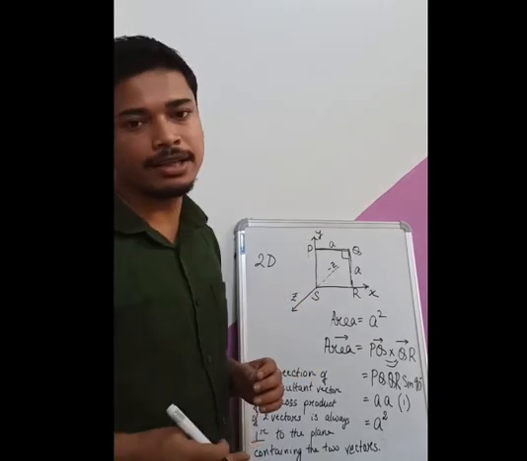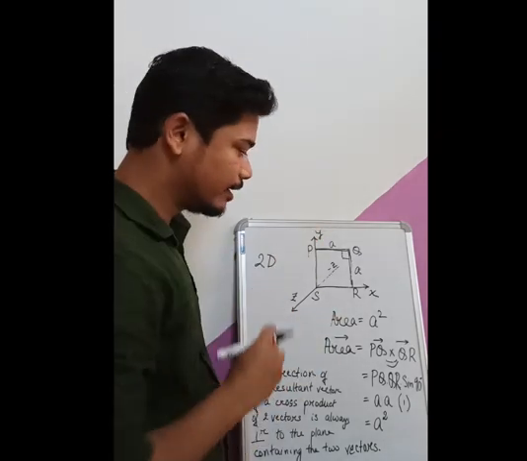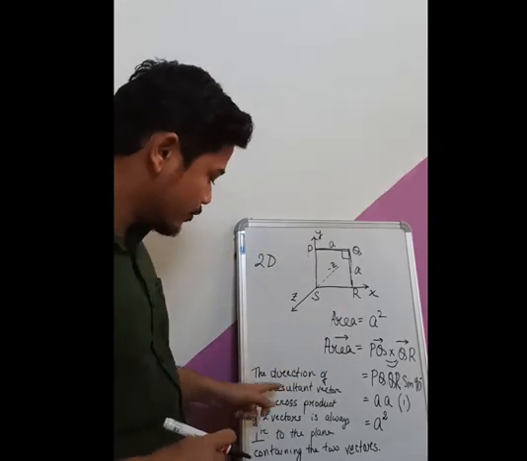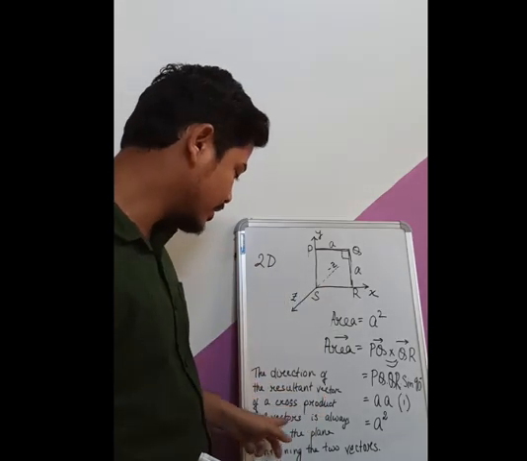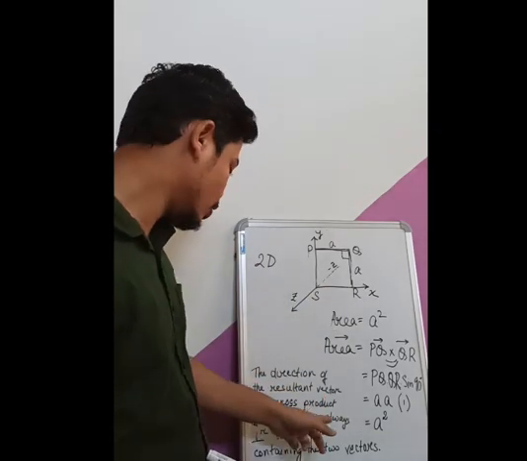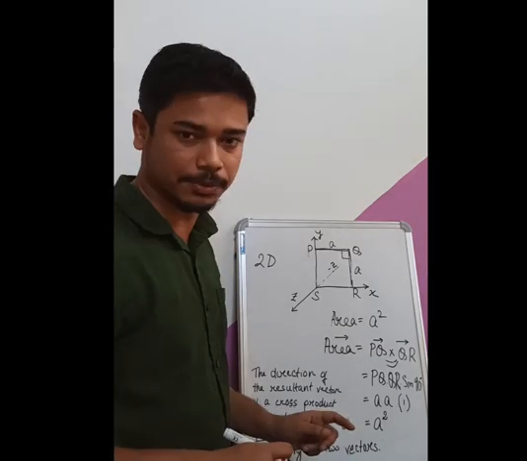You have already read it in class 11. So what would be the direction of the area vector? The direction of the resultant vector, the area vector, of a cross product of two vectors is always perpendicular to the plane containing the two vectors.